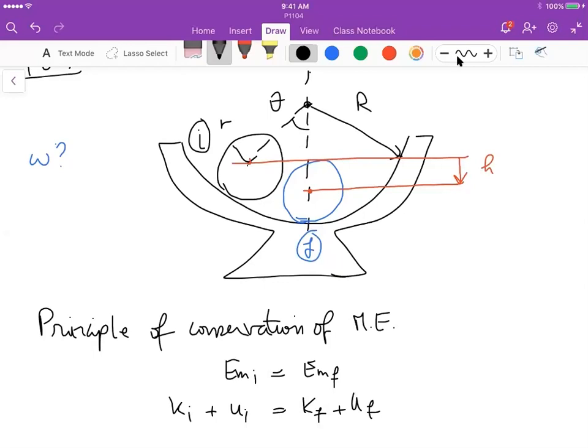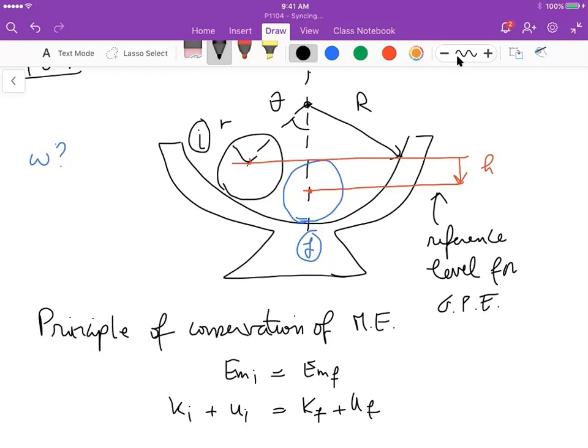So let's take the position of the center of mass of the sphere at t final to be the reference level for the gravitational potential energy.